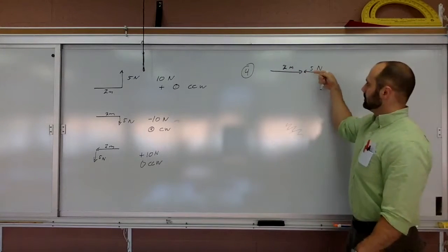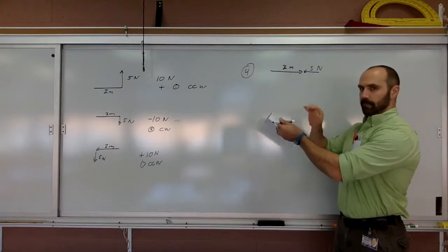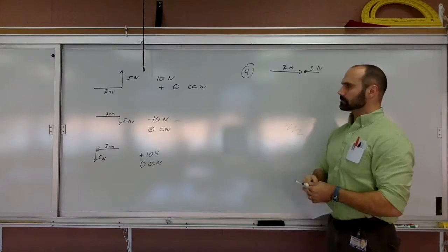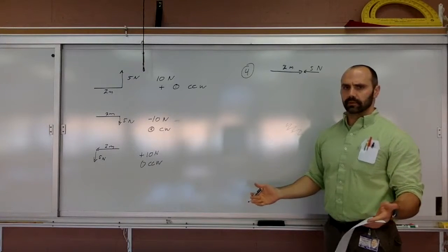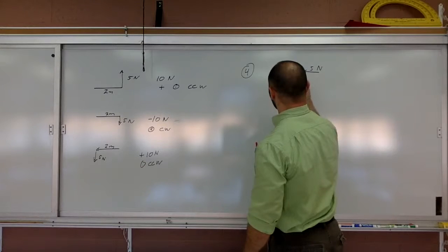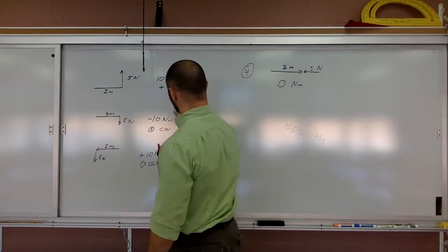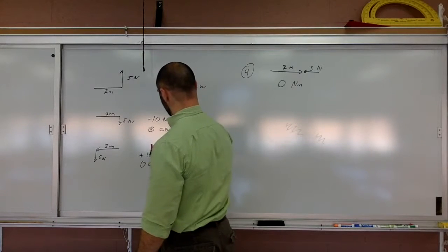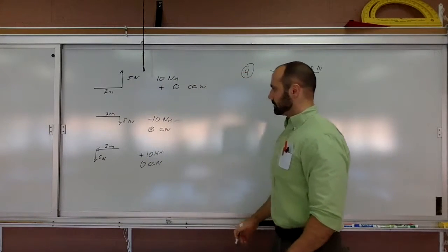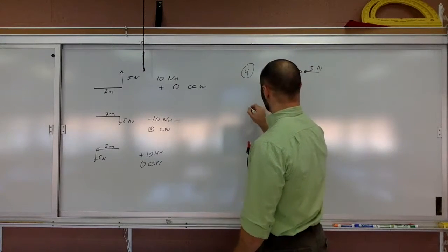If I have some lever arm coming out this way, and I'm pushing on it that way, directly into the pivot, then I don't get any torque. There's no torque there. So this is 0 newton meters. Sorry, these should all be newton meters. Sorry about that.